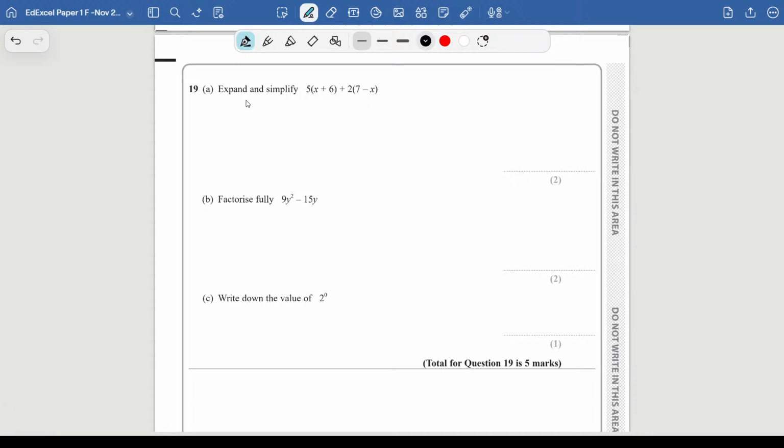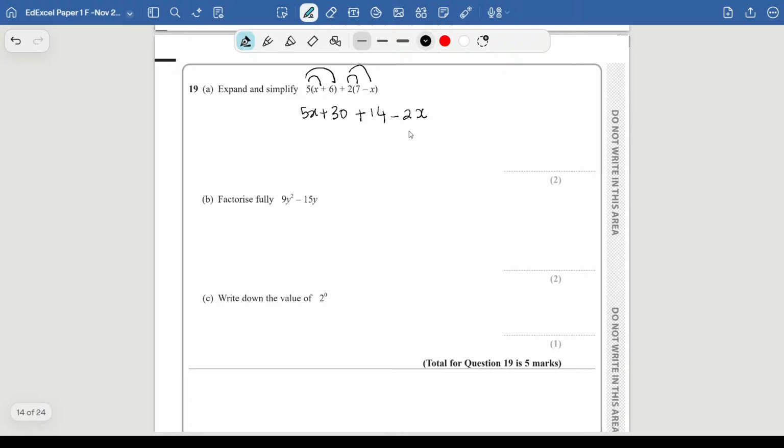The next is expand and simplify this expression. So we have to multiply every term inside by the term outside. There is a plus sign in between, so we do the same thing for the other term as well. So going on with the first term here, 5x plus 5 times 6 is 30, and then plus 2 times 7 is 14 minus 2x.